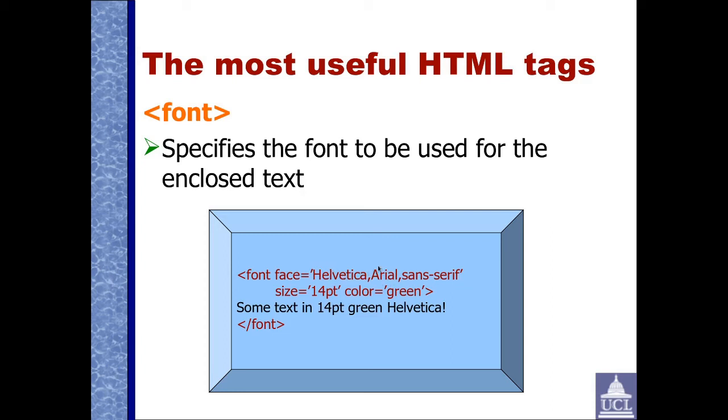If we haven't, use Arial, and if we haven't got that, use the default sans serif font. So a sans serif font is one like this, which doesn't have little fancy wiggly bits on the end of letters like F and so on.